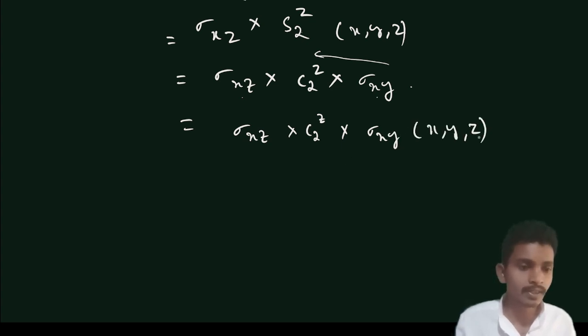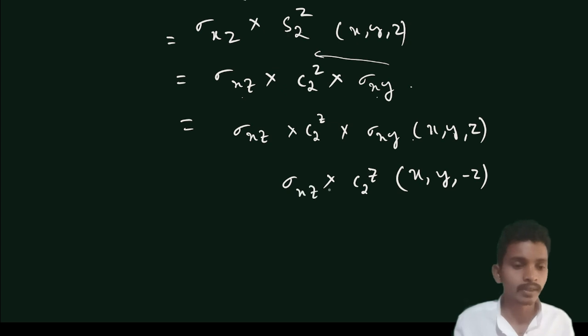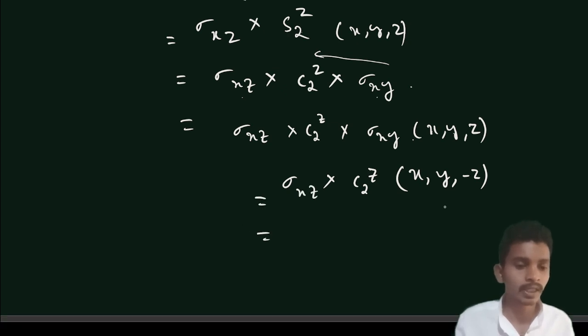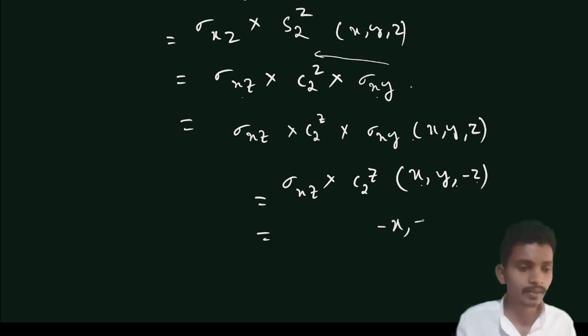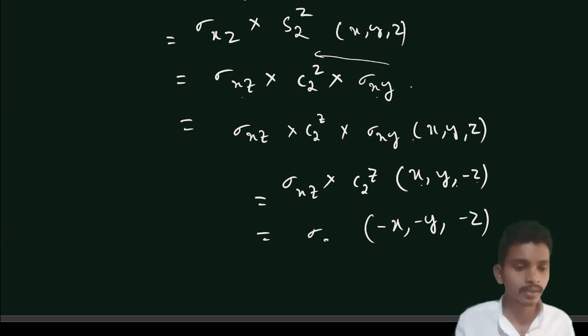So if I operate these, then xy will remain unchanged and z will change, so x, y, minus z, and now C2z, which I already operated, and sigma xz. Now if I operate this one, then z will remain unchanged, the others will change, so this will become minus x, minus y, and this is minus z, and now sigma xz.